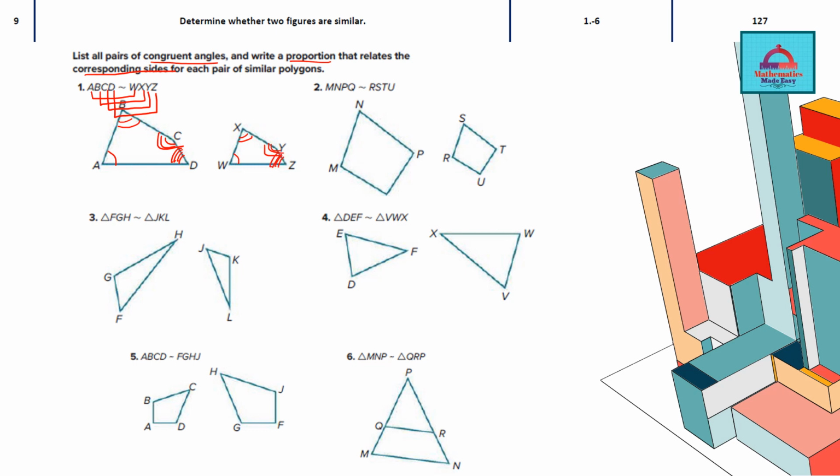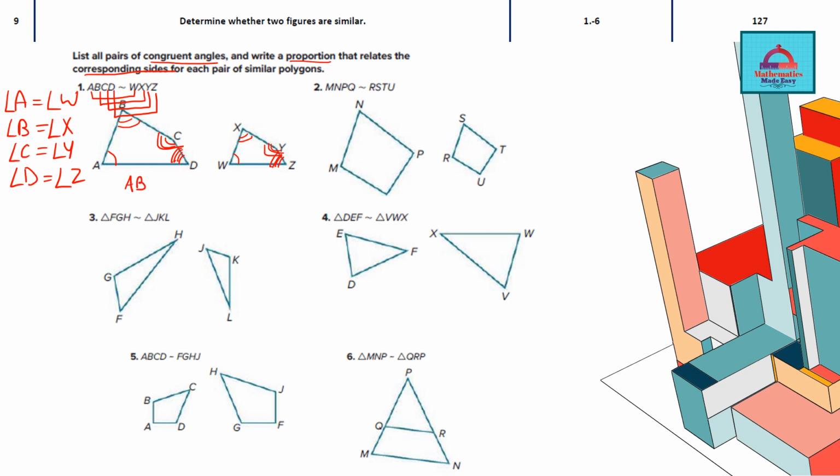Okay, so I can now write the pairs of congruent angles. Angle A is equal to angle W, angle B is equal to angle X, angle C is equal to angle Y, and angle D is equal to angle Z. So all these are the congruent angles. Now let's write the corresponding sides. If I take AB of this side, then I have to take WX.